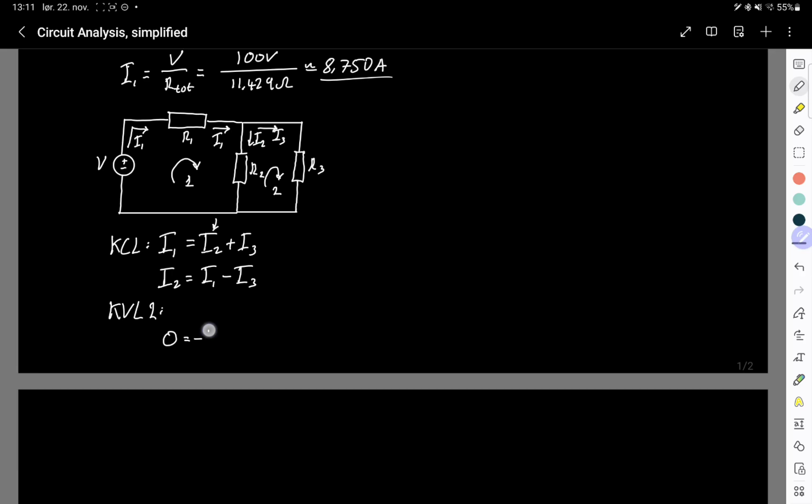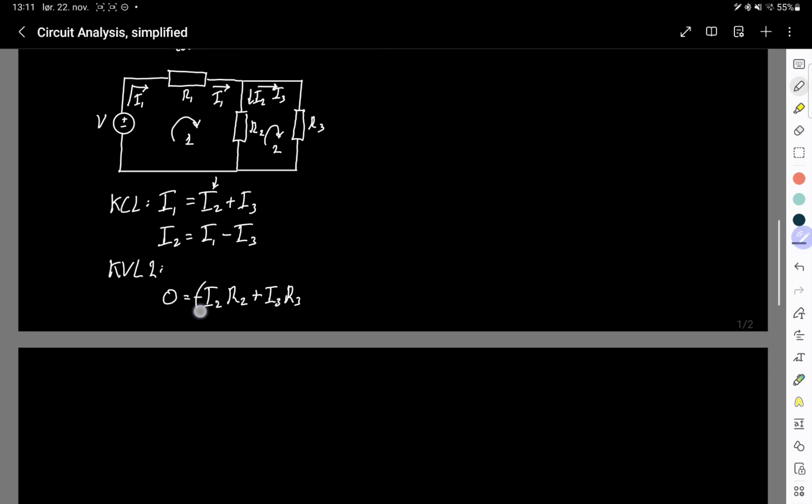So it's going to be minus I2 times R2 plus, since we're now moving with I3, I3 going into R3.